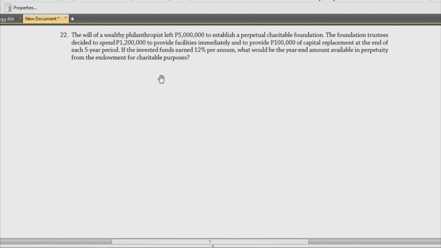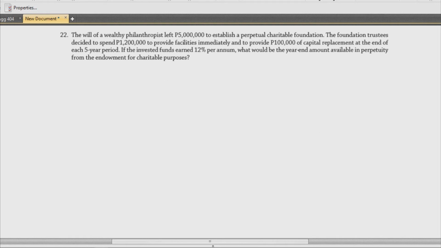So, kung available, ano yung natira sa perpetuity natin from the endowment for charitable purposes. So, we'll be talking about yung charitable, yung value niya in terms of yung natira, which we can actually determine kapag nasa N period tayo, which is yung pag sobrang tagal na nung ating time. So, yun yung ating kukumputin for this.